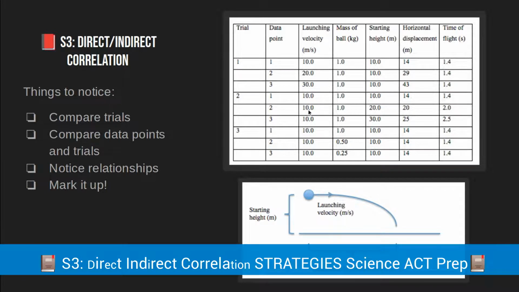And then you look back at the velocity and the velocity is still 10. So it doesn't look like just because that is bigger, then that is going to be bigger, or vice versa. So no, I would say that there's no correlation whatsoever.